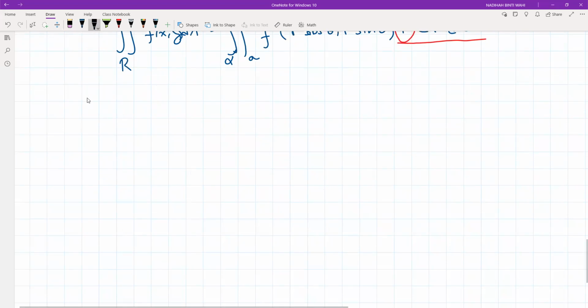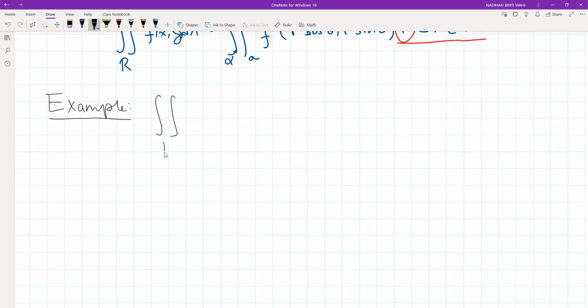Okay, so let's look at an example. Kalau dia kata you have integral over R of (3x plus 4y) squared dA. Don't forget this parenthesis, because sometimes people make mistake when you don't have parenthesis, you forgot to multiply.